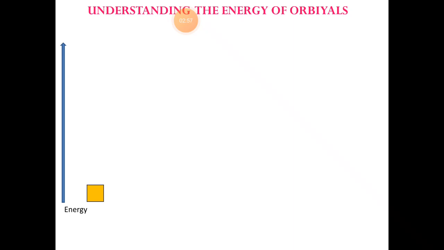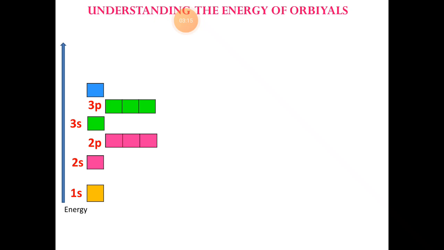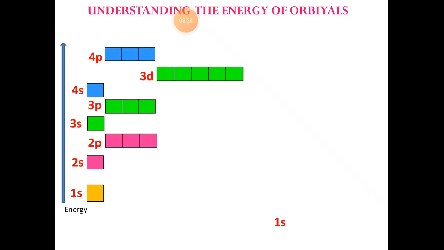According to that, electrons first enter the 1s orbital, then the 2s orbital. After 2s, the higher energy is with 2p, then 3s, 3p, 4s, then 3d. After that, electrons again enter 4p, and in that way the electrons get arranged.